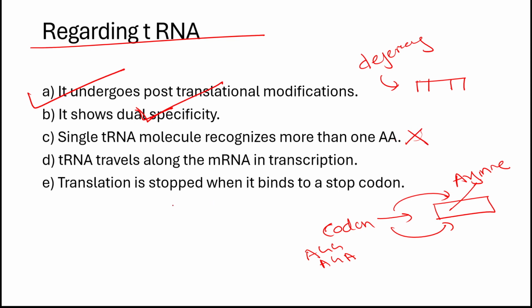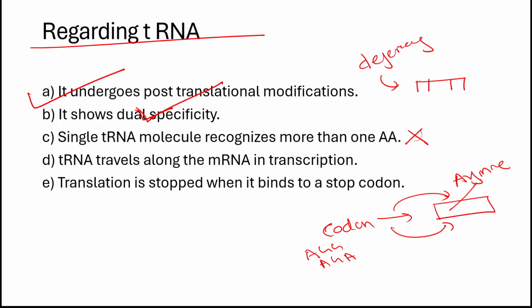Look at the depth at which the questions have been posed, and the answers that we have to bring. This statement says the tRNA travels along the mRNA in transcription. Again, a false statement. Why is that? Let's assume this is the mRNA molecule.